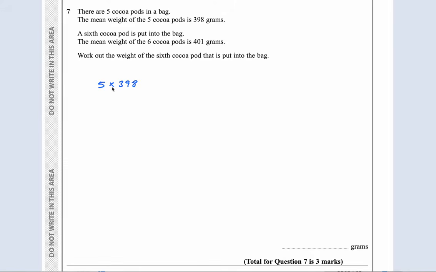So this is the total weight of the 5, and then we're going to add in a 6th one. Let's call it X. We don't know what it is. It says the total weight of the 5 plus this 6th one, divided by 6, because this will give me the mean, equals 401. And now it's just an equation that I need to solve.